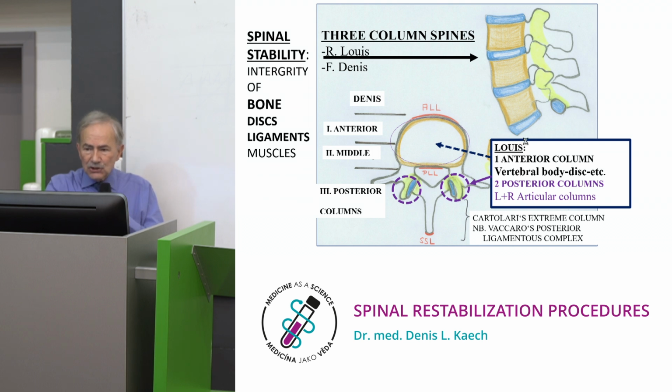With degeneration of the disc, the load is transmitted posteriorly, and then you have degeneration of the facet joints, spondyloarthrosis, and so on. When the disc collapses, you will have foraminal narrowing. For the stability, anterior column and two posterior columns, the articular joints, they work as rotatory brake.